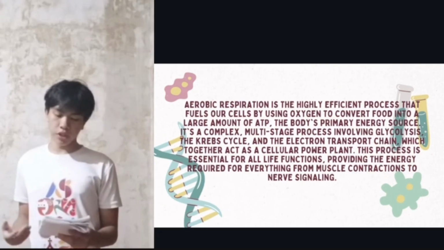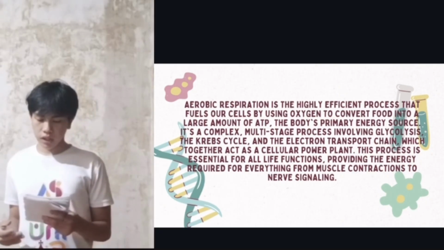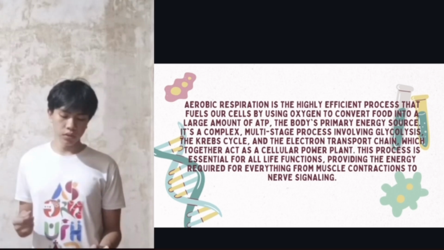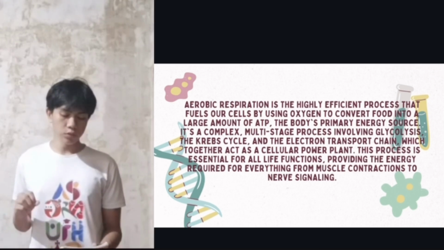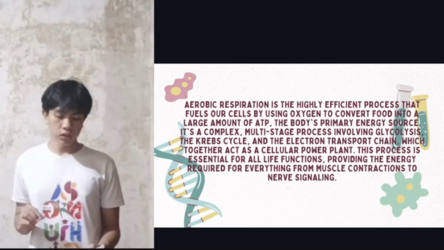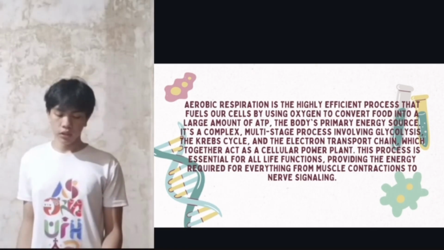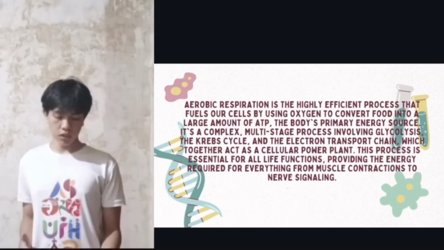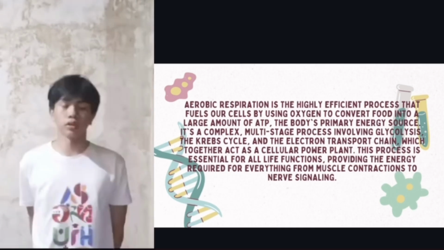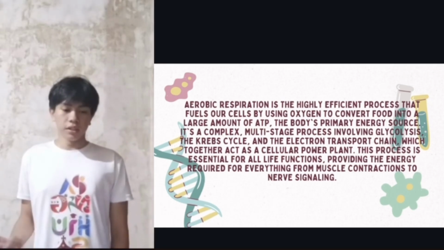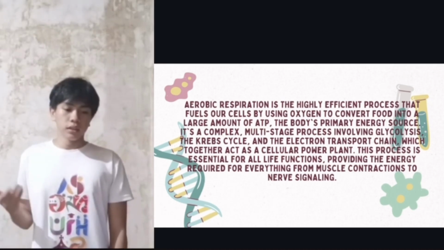The electron transport chain is a process that uses the energy from the broken down glucose molecules to produce a lot of ATP. Basically, it's like a power generator that produces energy for your cells. These three together act as a cellular power plant.